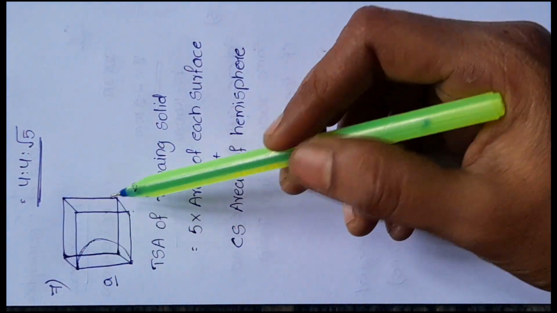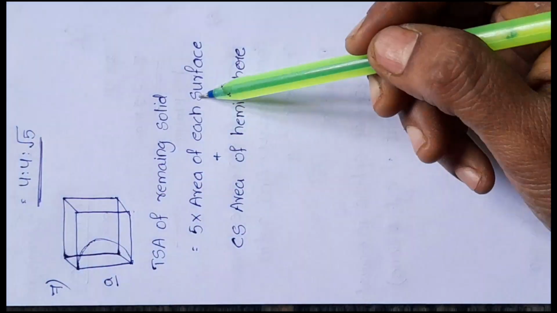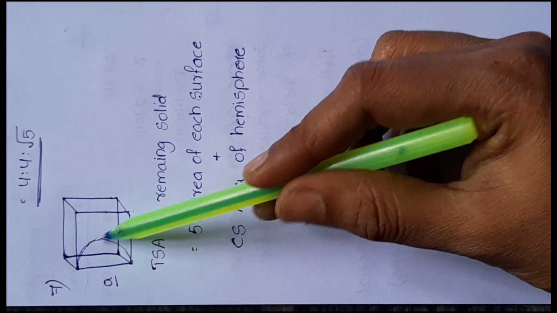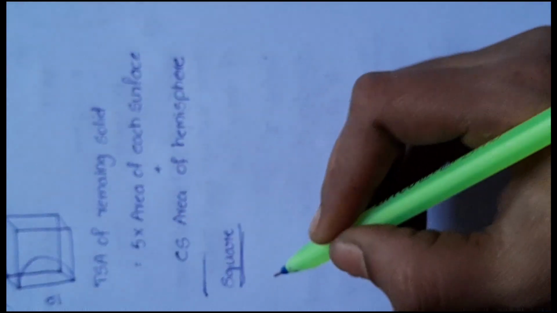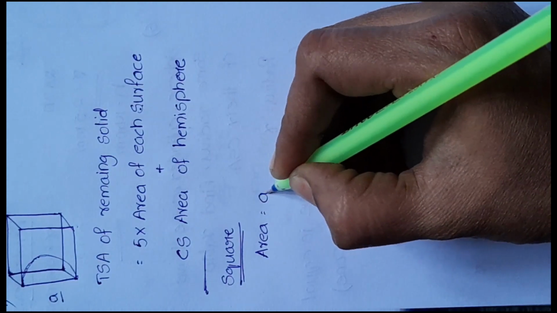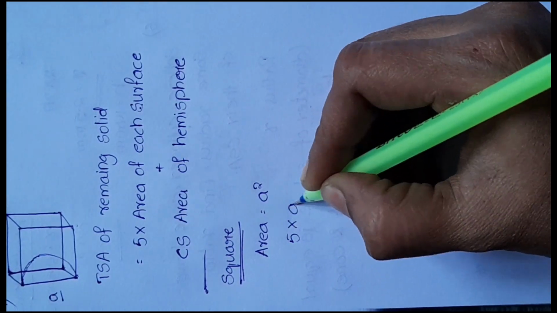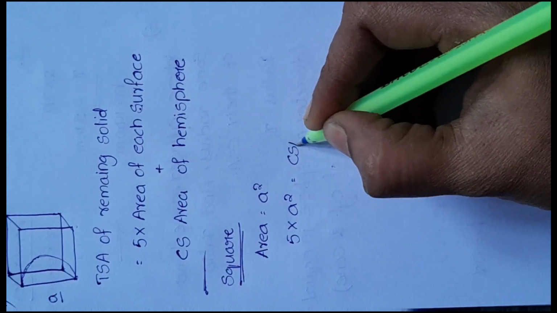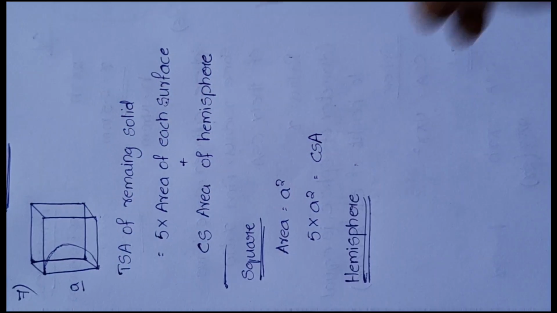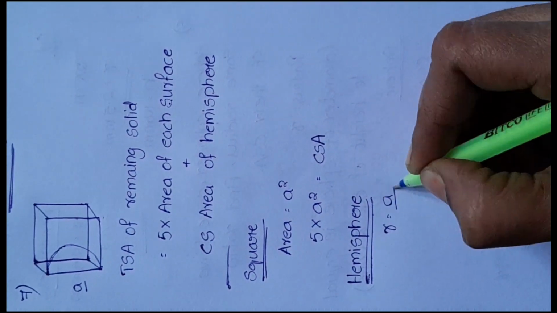Since this is a cube, there will be 6 sides. From one side, a hemisphere is cut. So 5 into area of each surface plus the curved surface area of this hemisphere. Now let us consider the square, and area of each surface is a square because this is a square. So 5 into a square is the area of 5 sides. Now consider the hemisphere. Since the diameter is a, then r becomes a by 2.